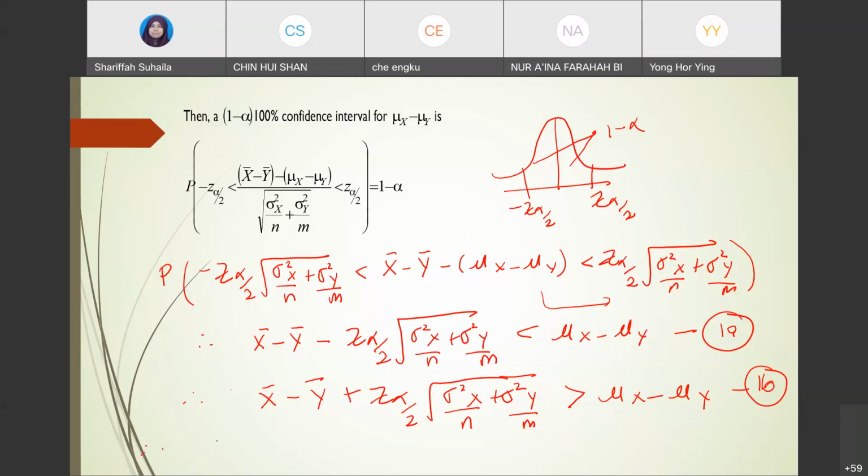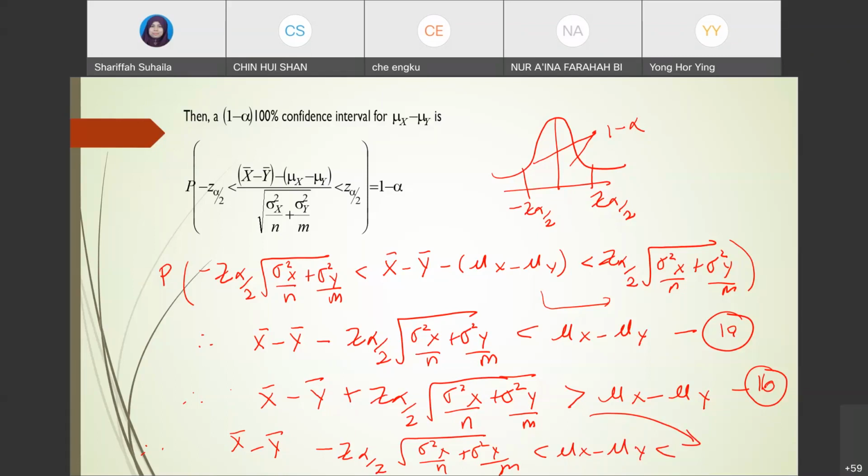So you will have x bar minus y bar minus z alpha over 2 square root sigma square x over n plus sigma square y over m less than mu x minus mu y. So ambil balik ini. X bar minus y bar plus z alpha over 2 square root sigma square x over n plus sigma square y over m. So itu kita punya derivation of your confidence interval.